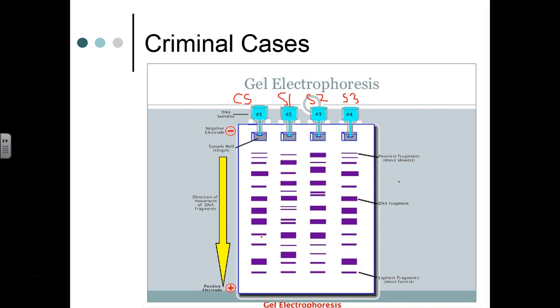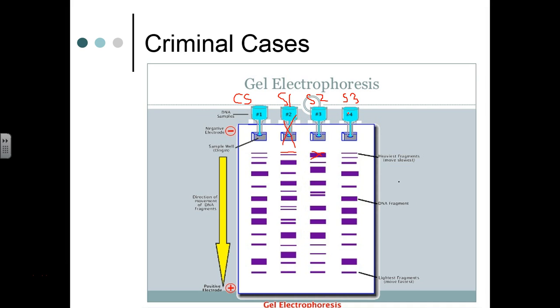So this is our crime scene column right here. And we notice that this line right here is not exactly lined up. It should start right about here and work its way to the right. So from that alone, suspect 1 is definitely not the person that matches this crime scene data. Suspect number 3 also doesn't match.